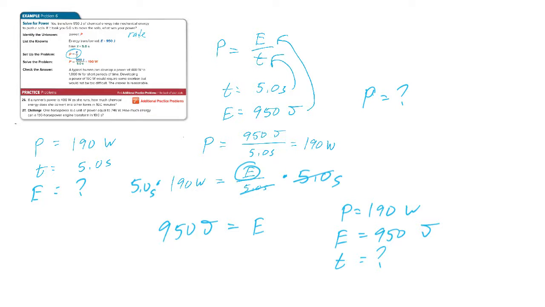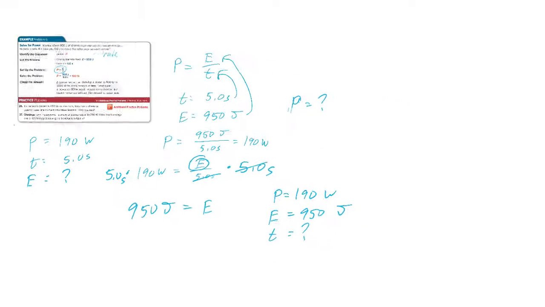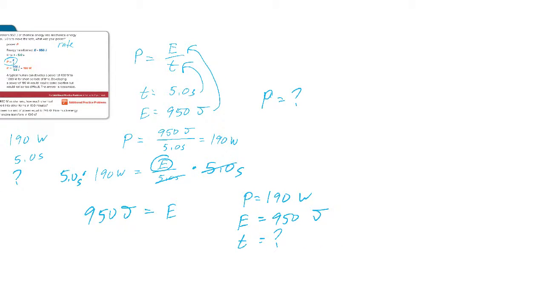So again, you're just plugging the numbers into the same equation. Power is 190 watts. Let's kind of move this over. So again, P equals energy over time. P is 190. E is 950. And T you don't know.